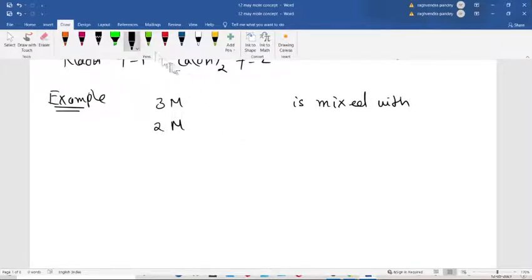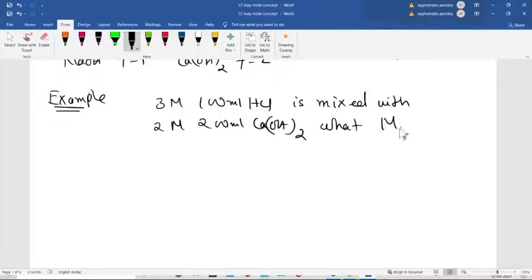Sorry, 3 molar. Let's take 100 ml HCl and 200 ml calcium hydroxide. Then you have to find the molarity.